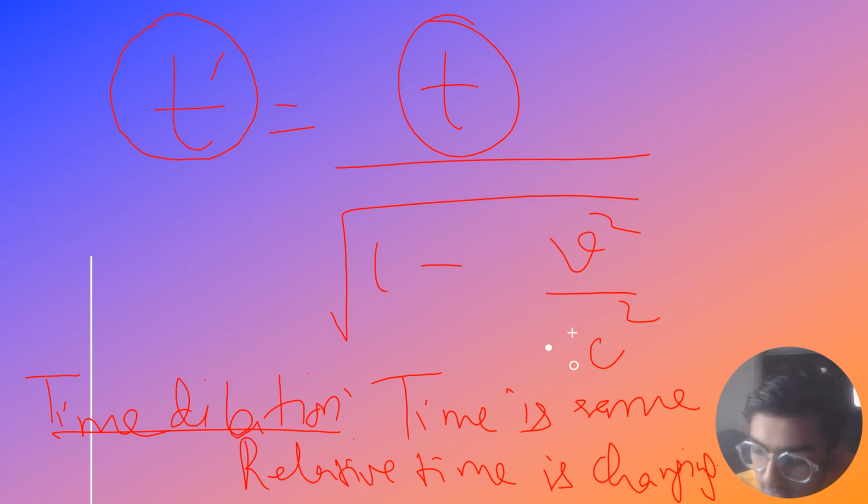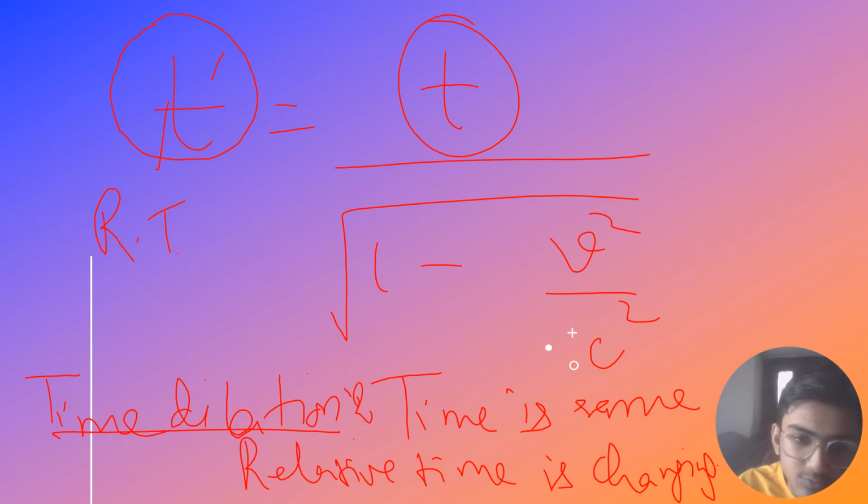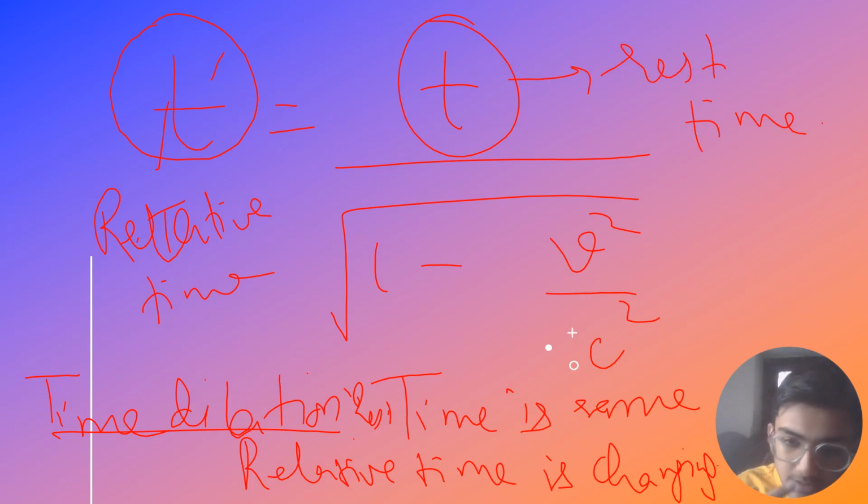The more precise word would be that it seems so, because we are observing from different frames and applying the concept of relativity. Time is the same, but relative time is changing. This is the relative time, this is the rest time. Now I think it's clear.